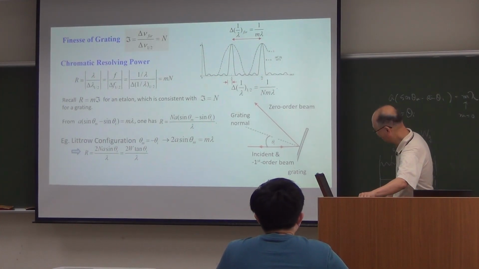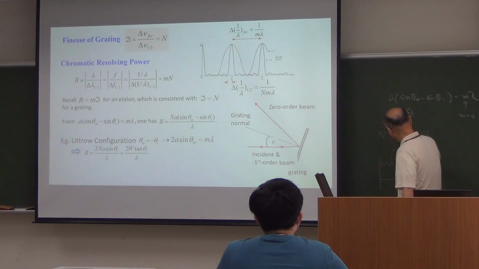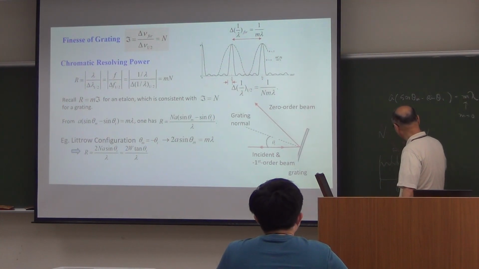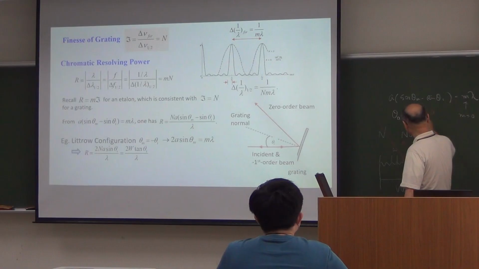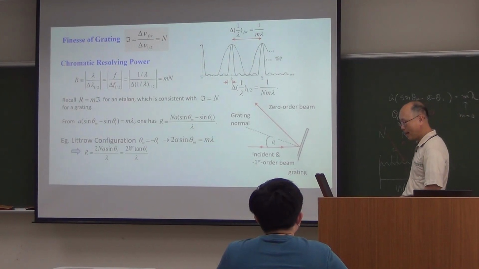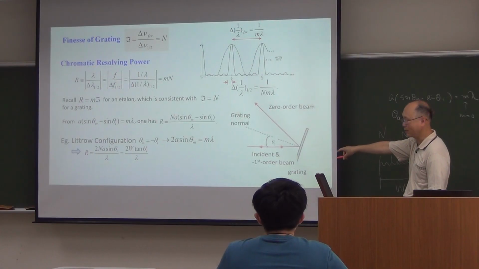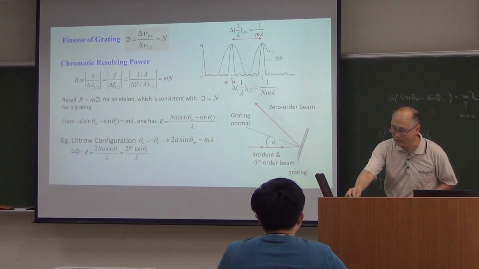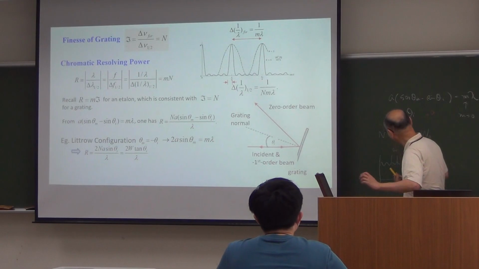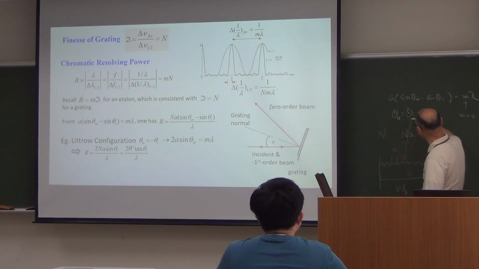You send the light in this direction, this is the surface normal, and this is the zero order beam. Because of constructive interference along some directions, you start to have other diffraction orders. For example, this can be m equal to -1, and this m equal to 1.